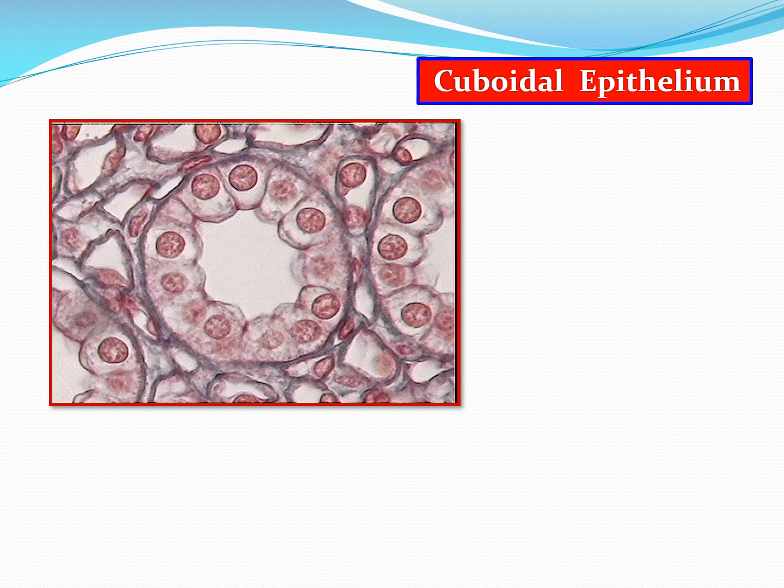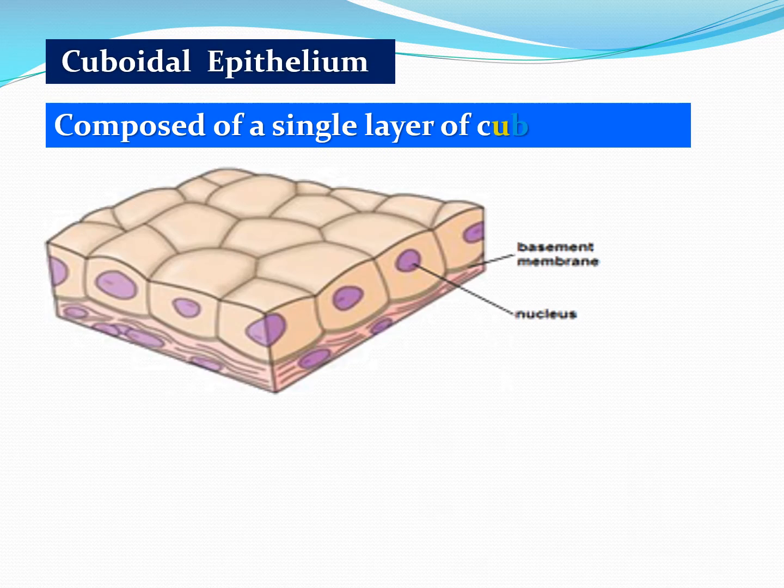The second one is cuboidal epithelium. So, cuboidal epithelium is composed of a single layer of cube-like cells.